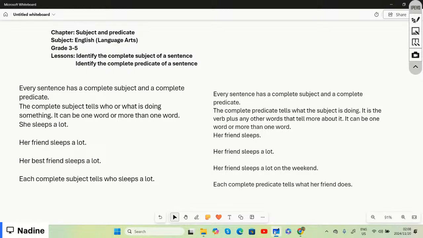And a complete subject tells us who or what is doing something.